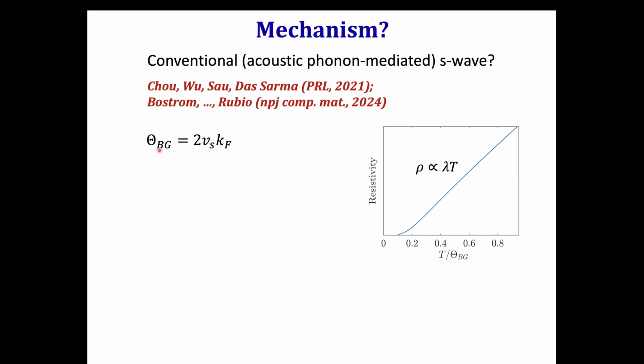So an important frequency scale in the problem is the so-called Bloch-Gruneisen temperature, which is just twice the speed of sound of the phonons times kF of the electrons. This is the frequency of the phonon that connects electrons from one side of the Fermi surface to the other side. Now, this frequency is not a small fraction of the Fermi energy in this system.